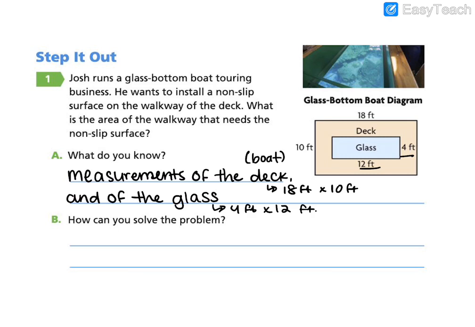So how are we going to find this? We have the whole measurement really of the boat, not so much of the deck. We need to find the deck here. And we have the measurement of the glass. So we need to find both areas.